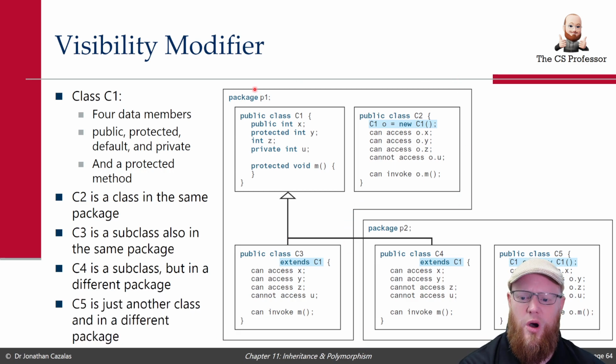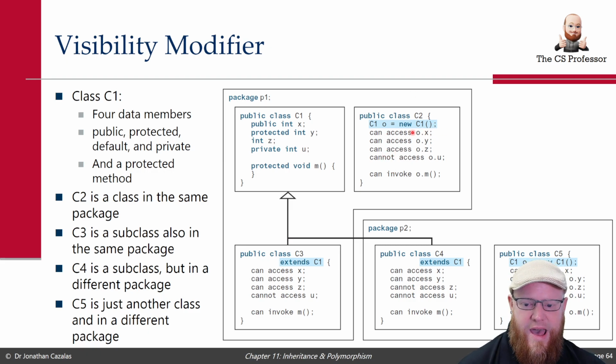So a way to study this and review this is to come to any one of these classes and just try to see what can be accessed. Look here, we make this new object of type C1. Well, C1 had all 4 of those data members as well as this method. But from this class, what can actually be accessed?